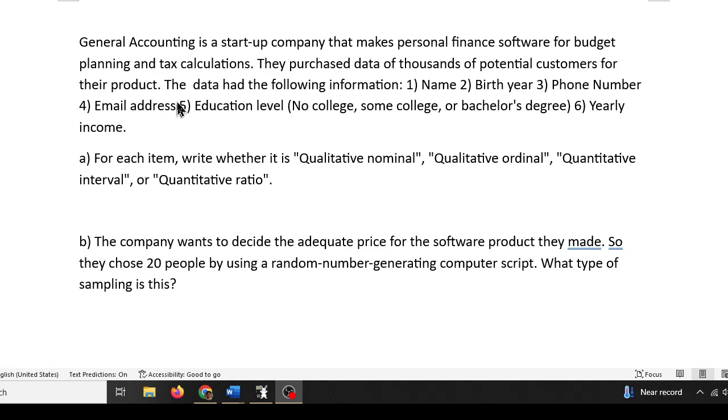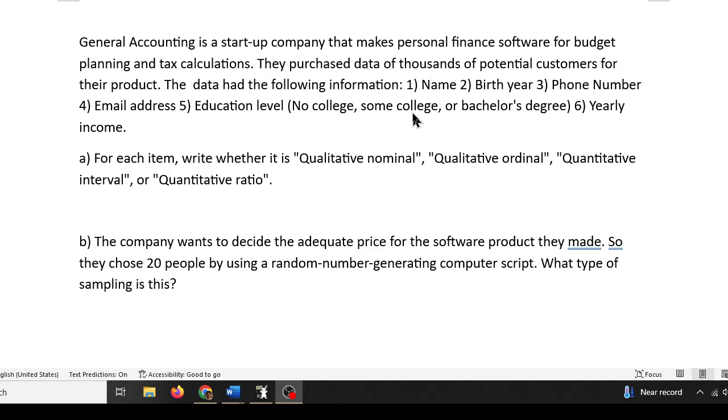Okay, email address, not a number. Sometimes it contains some numbers, but it has non-letters and non-numbers, has some letters. So definitely qualitative. Education level, it's in these words, so these won't be numbers. Therefore, education level would be qualitative. Now, in some cases, education level could be written in terms of years in school or years in post high school education.